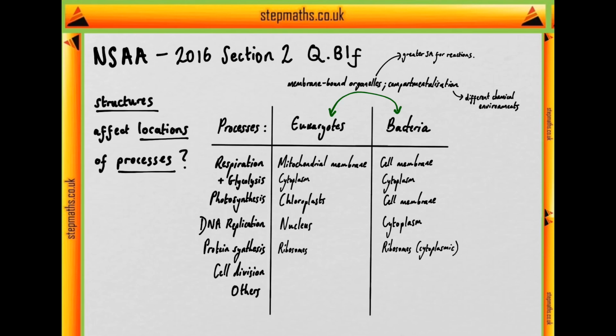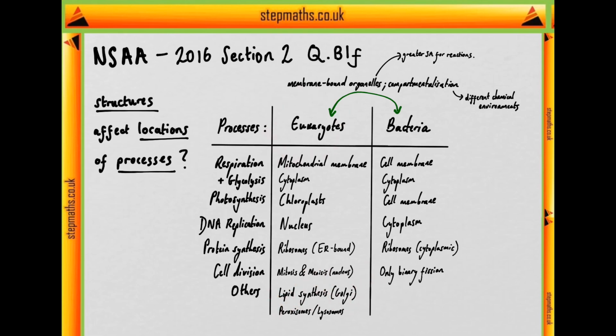However, in bacteria, these are cytoplasmic, whereas in eukaryotes, most of the protein synthesis occurs bound to the endoplasmic reticulum, or ER. Cell division involves mitosis and meiosis, which both involve the nucleus, for DNA replication, whereas the bacteria only have binary fission. Any other processes include lipid synthesis, which involves the Golgi apparatus, and hydrolytic enzyme synthesis, which involves the peroxisomes and the lysosomes, which only happens in eukaryotes.